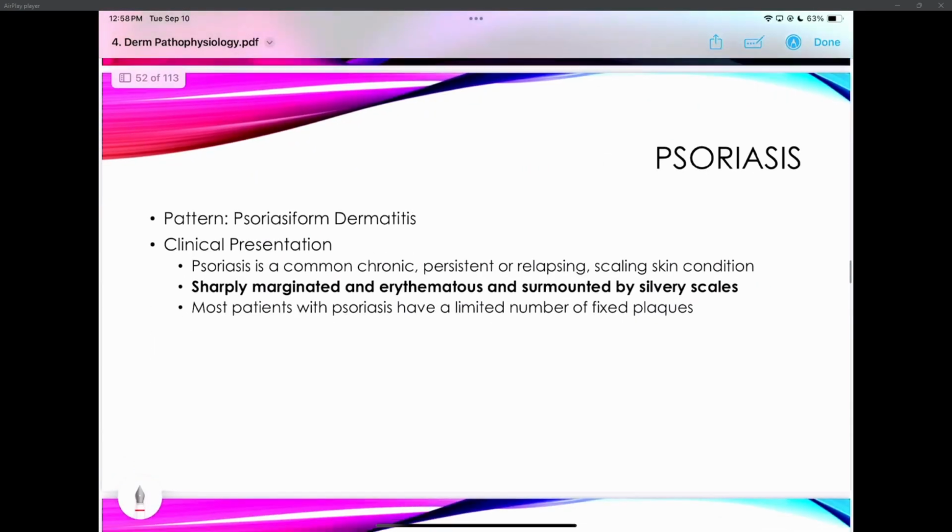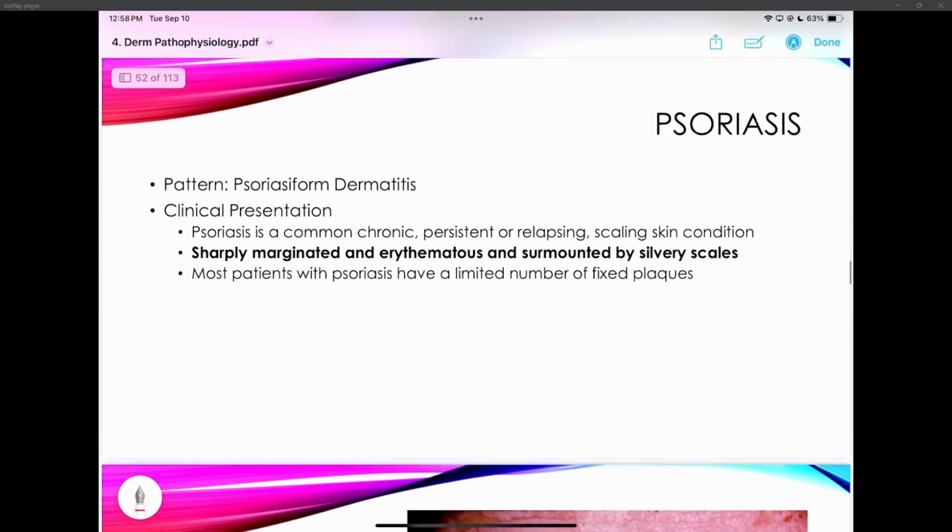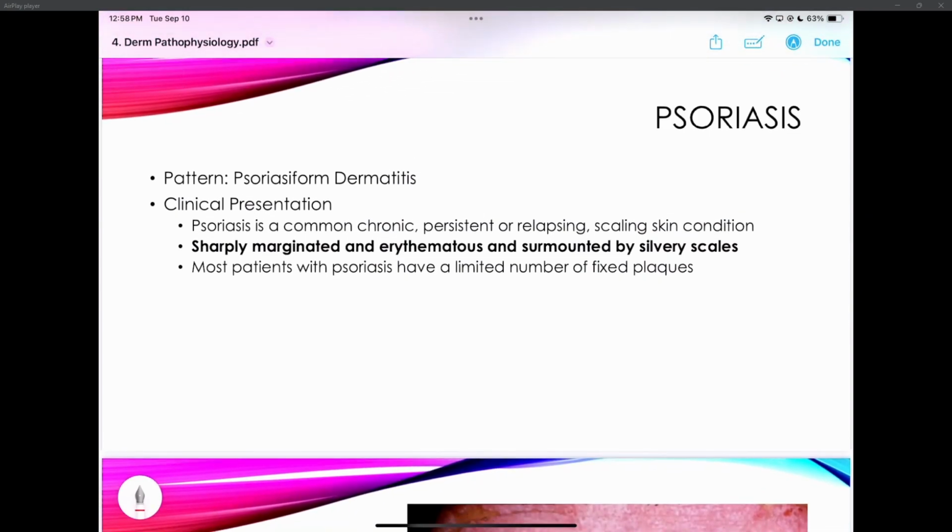So the first one is psoriasis. The pattern for psoriasis is psoriasiform dermatitis. And we'll see what happens with the skin when we get there. Psoriasis is a common, chronic, persistent, or relapsing scaling skin condition. So they're going to have scales.